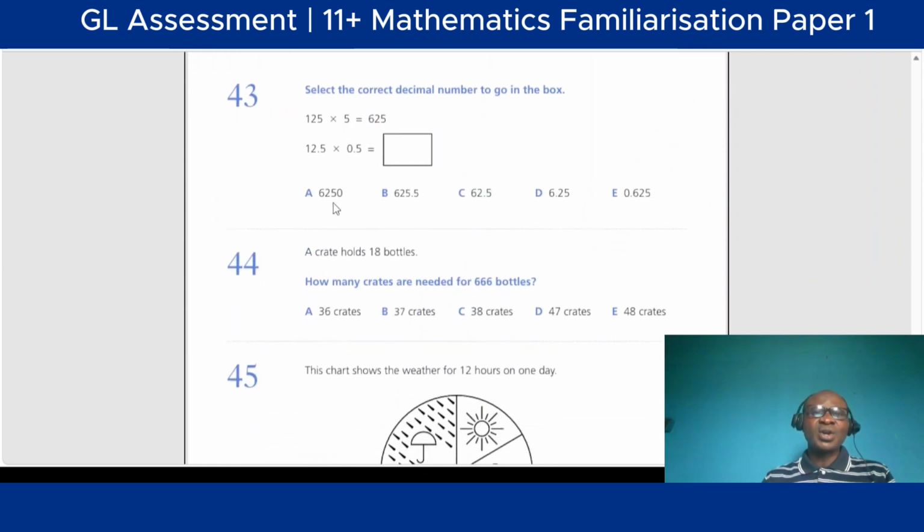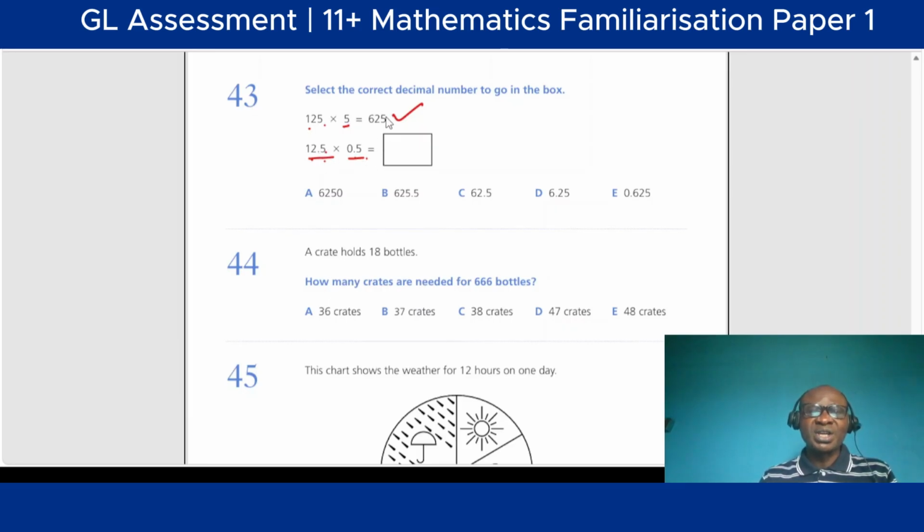Here they said 125 multiplied by 5 will give us 625. Now we are asked again 12.5 multiplied by 0.5. There is one decimal place here, and there is one decimal place here.